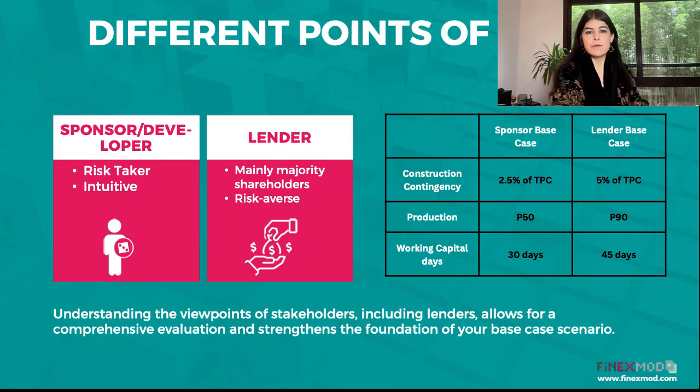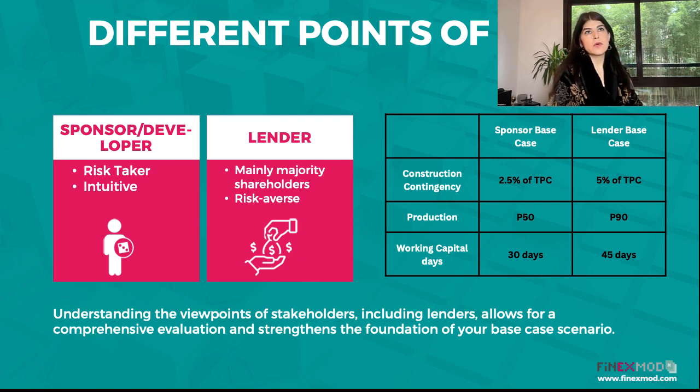So just to give you an idea, the two main stakeholders in a project finance deal are sponsors, developers, and lenders, right? There are other parties, EPC, O&M, and government if it's a concession. So there are many parties involved. However, the two main stakeholders are the sponsors and the lenders.